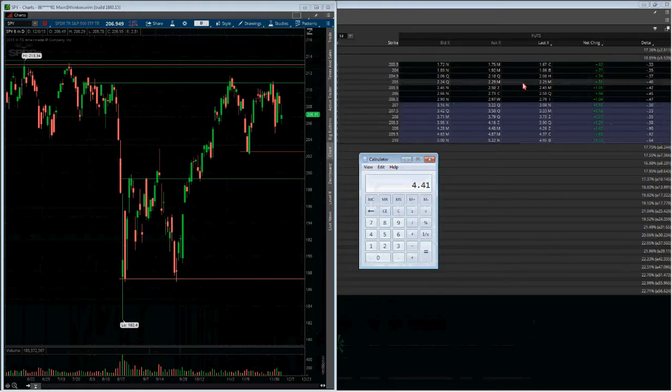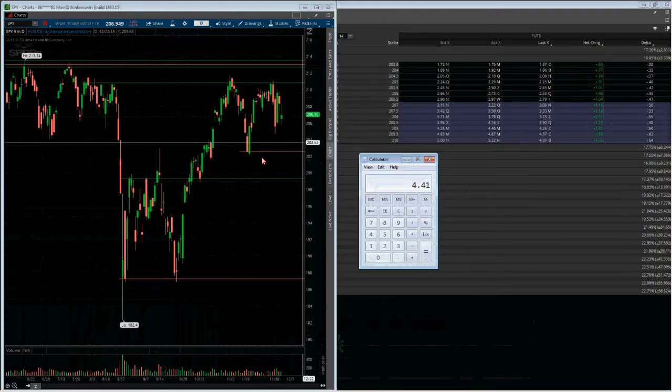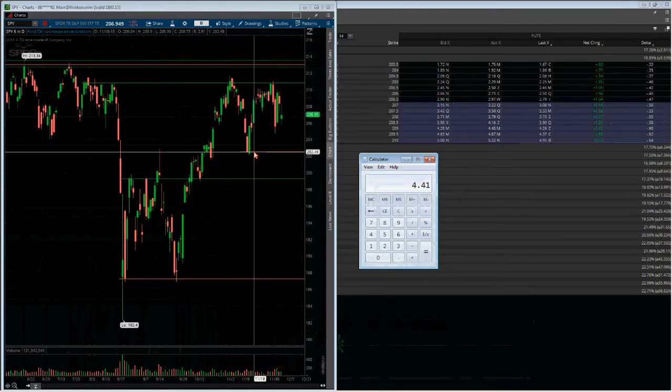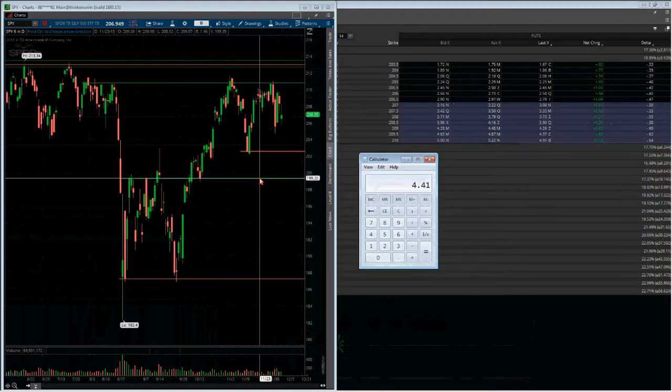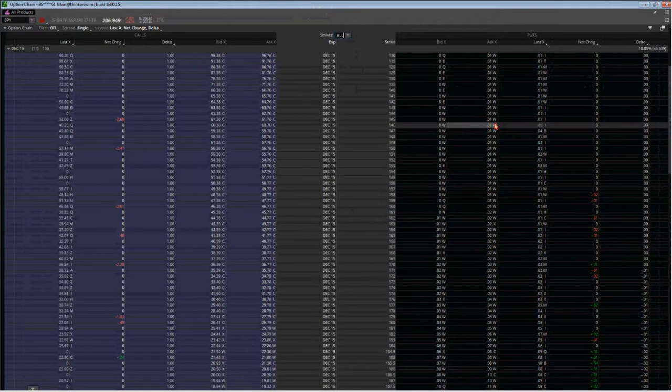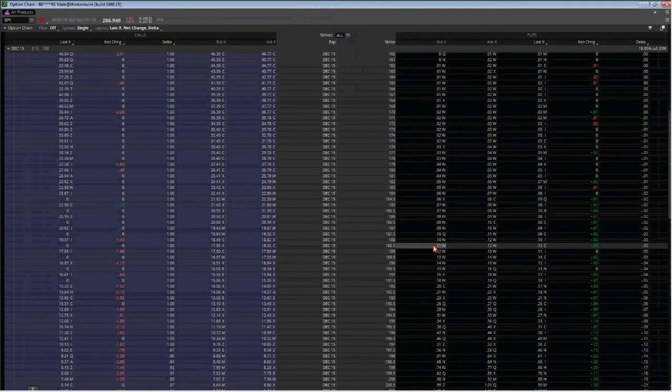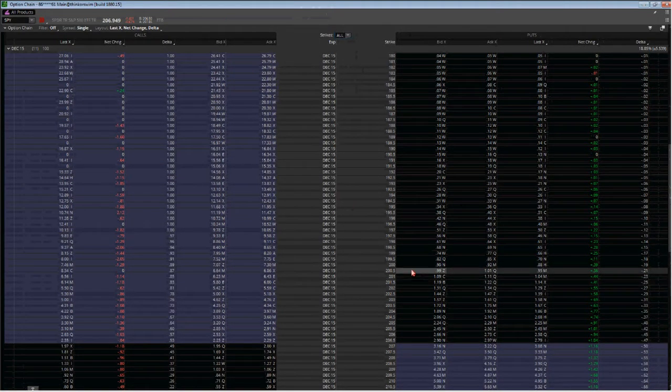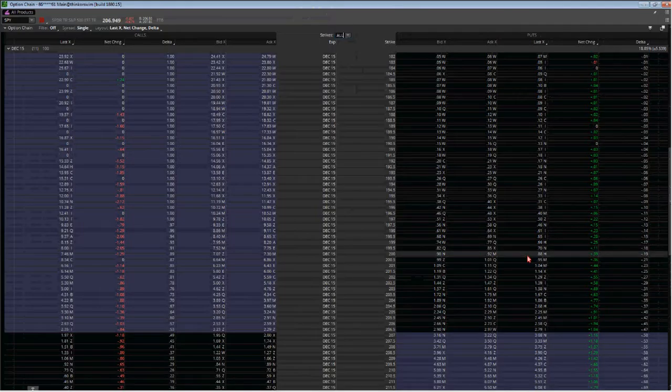Now, to keep things really simplistic and easy, if we were going to say buy the 200 puts on said failure, I just had to expand that to all. That's why that did that. But we would come over here, and the 200 puts are the one I have highlighted.